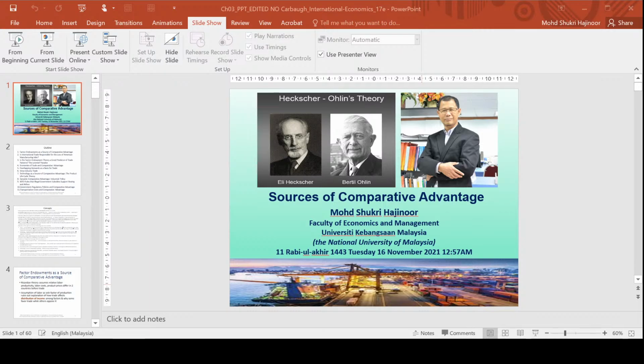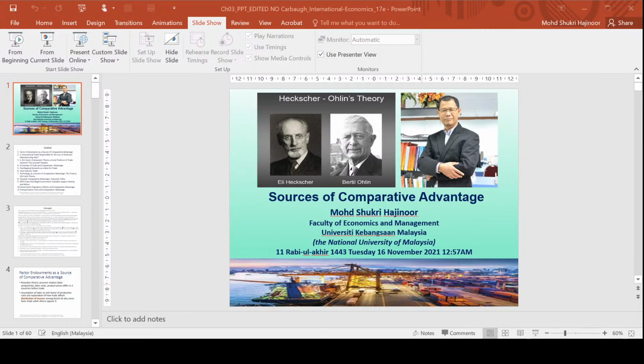So, the Heckscher-Ohlin theorem is actually the factor endowment theorem.